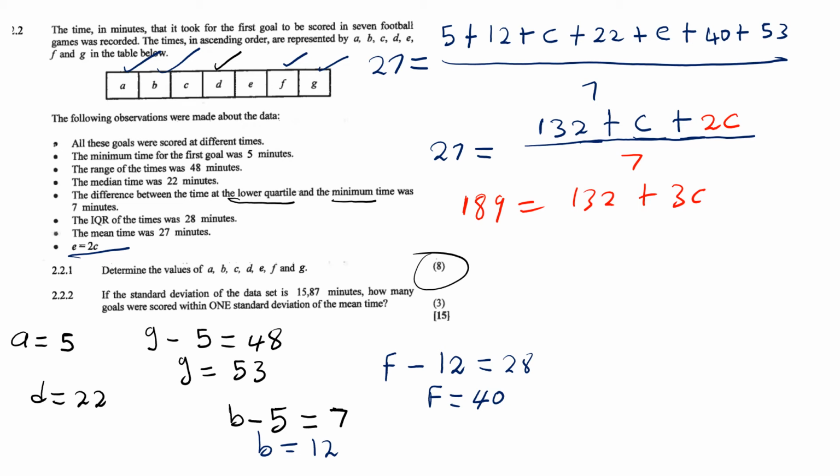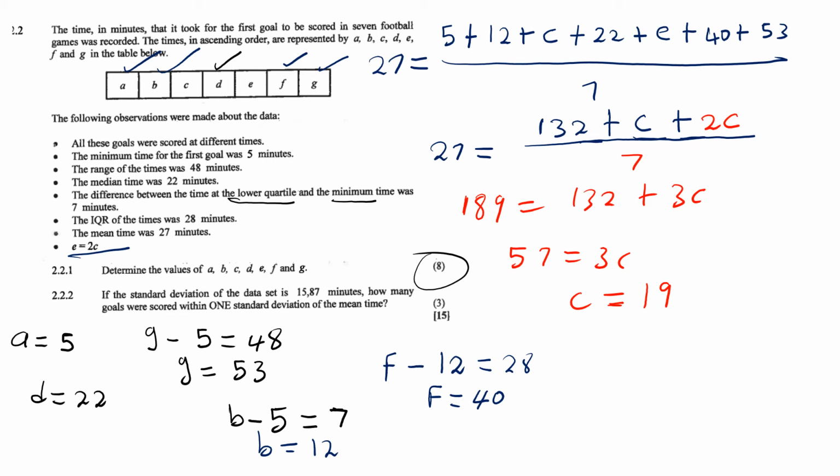Then we have to take 132 and subtract it from 189. This gives us 57 equals 3C. Then we divide everything by 3, and we are left with 19. So we have our C. Then let's check.